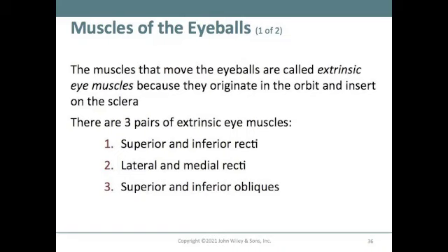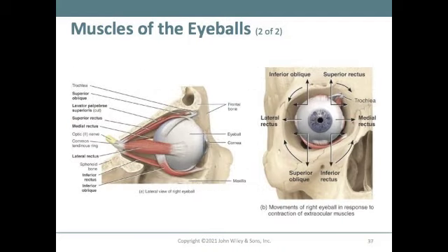Lateral and medial recti. Lateral means more to the left or the right. Medial means more towards the center. Recti, again, means parallel to the midline of your body. And then the superior and inferior obliques. And this is figure 11.5 on page 357.